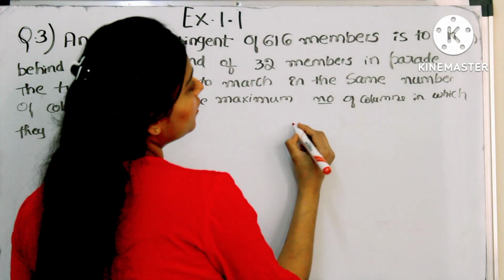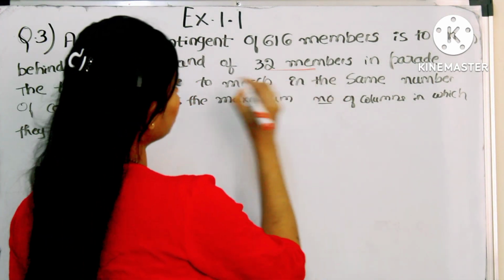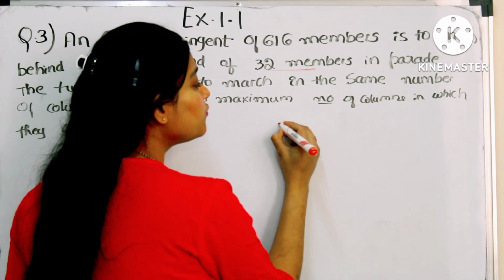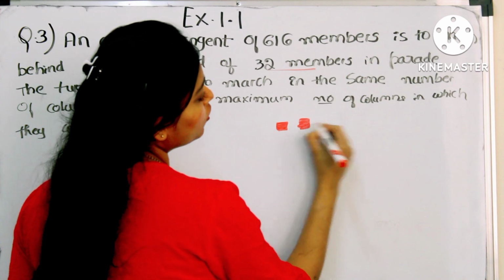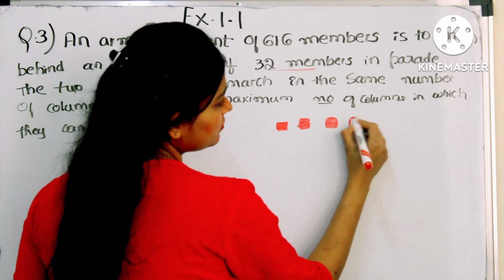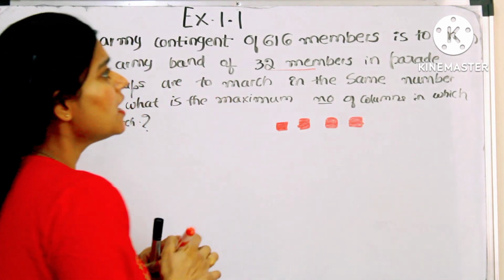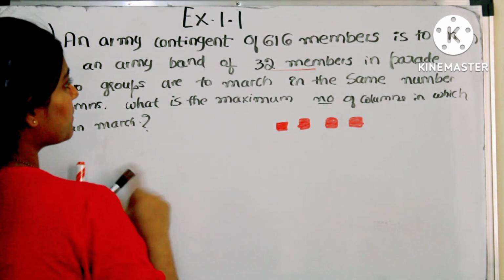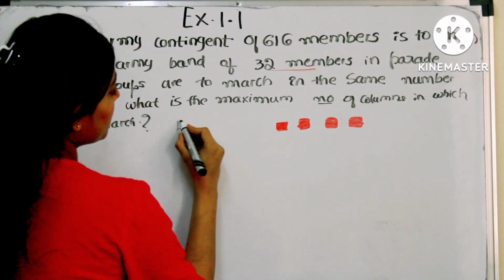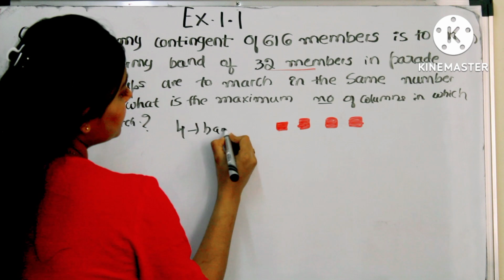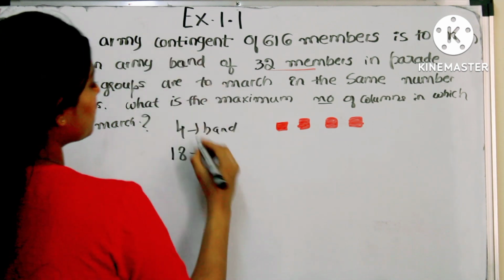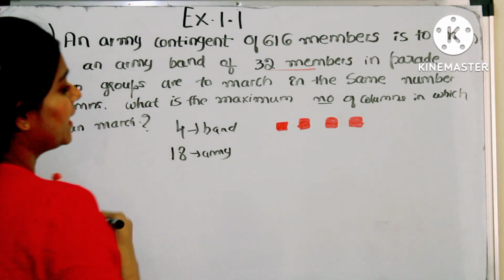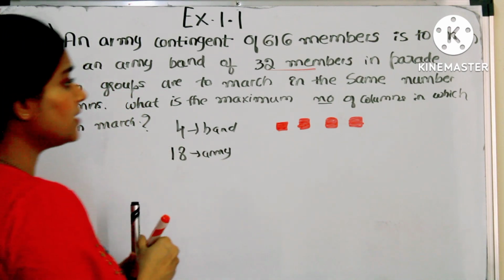Instead of 32 members in the band, let's take 4 members. So this is a band of 4 members. How can you distribute them? Let's take 18 members as the army contingent.